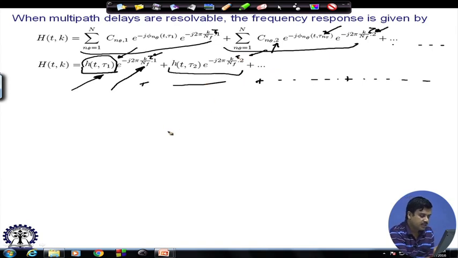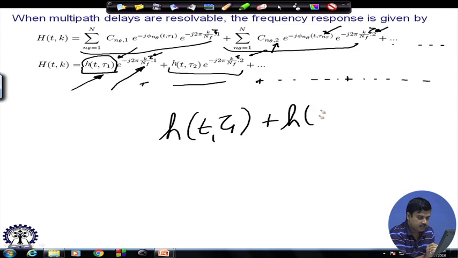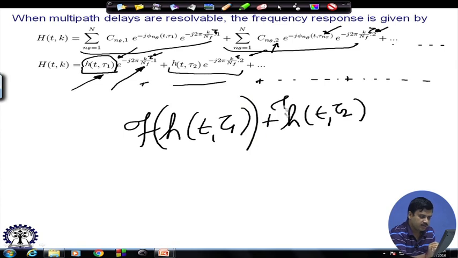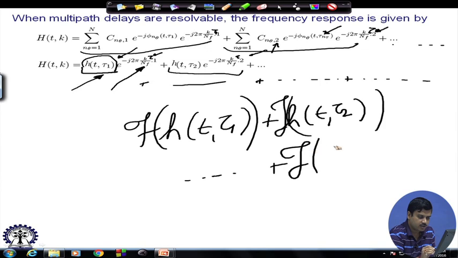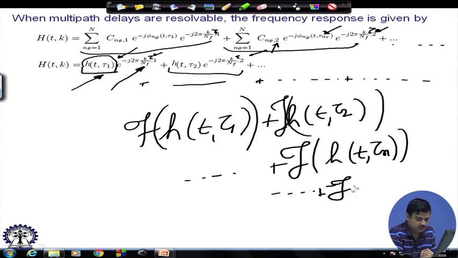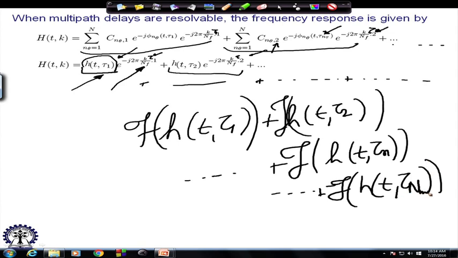So now you have h t tau 1 plus h t tau 2, and the Fourier transform of this, and the Fourier transform of this, and so on, plus the Fourier transform of h of t comma tau n, that is the max delay tau n max.